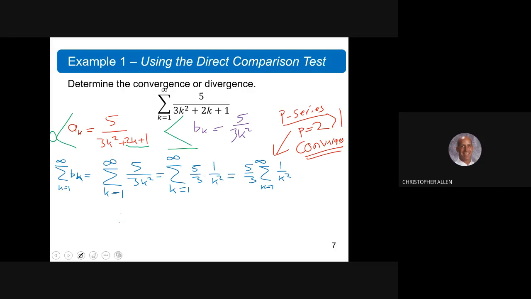I write my answer, triple dot, that means therefore, the sum from k equaling 1 to infinity of 5 over 3k squared plus 2k plus 1 converges by the direct comparison test. That's my conclusion.